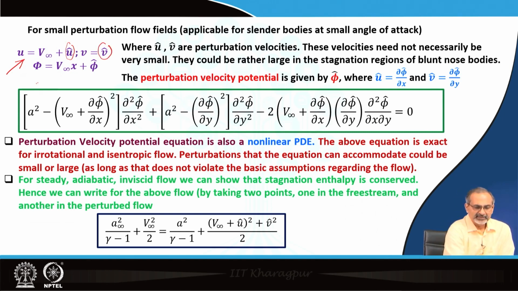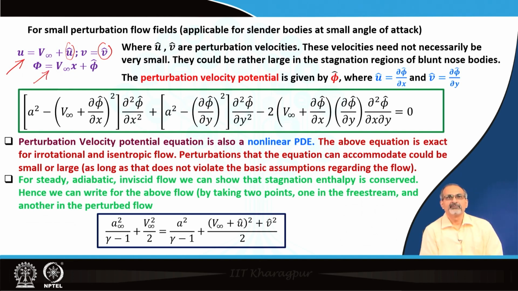Correspondingly, from the velocity potential point of view, the capital phi would be represented by v infinity x plus phi hat, this being the perturbation in the velocity potential. So, we understand that these are the perturbation velocities, and when we impose the small perturbation assumption, we may say that u hat or v hat, when they scale with the free stream velocity v infinity, will be much less than 1.